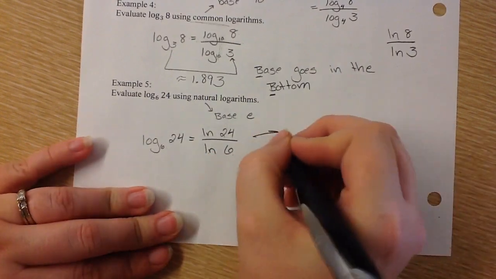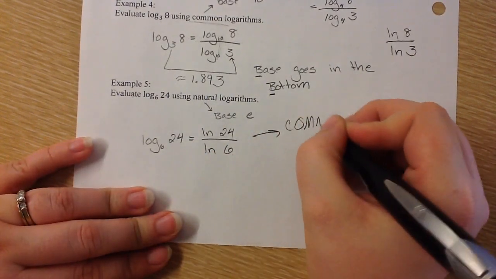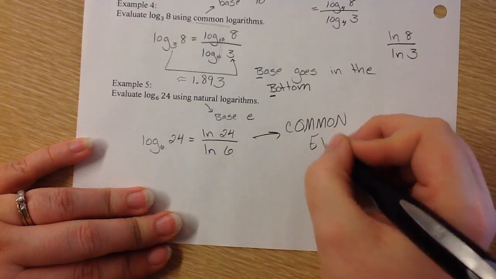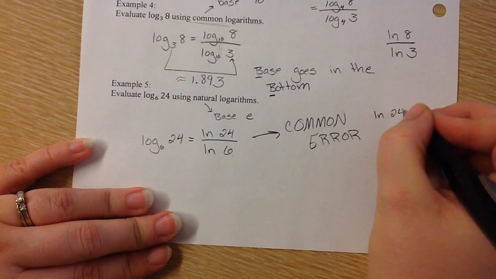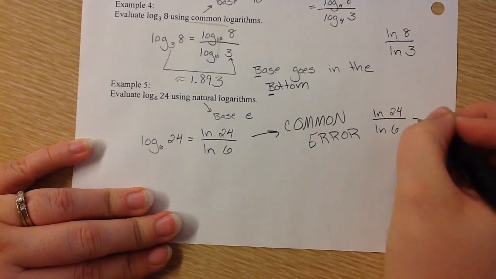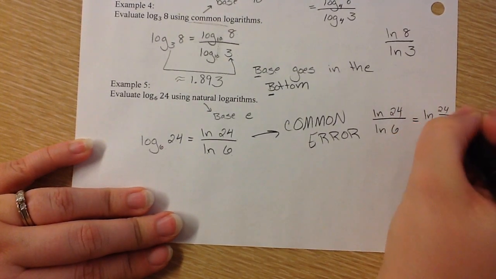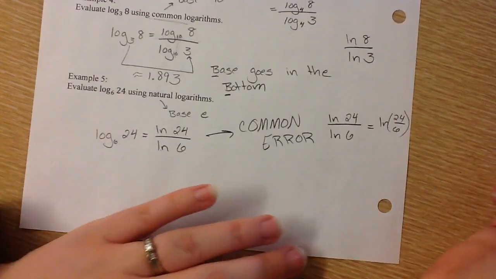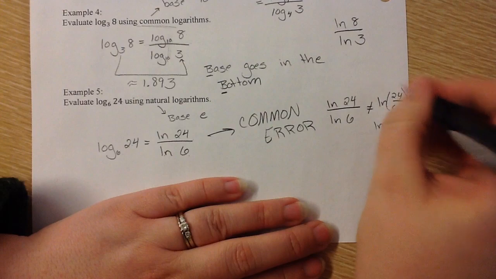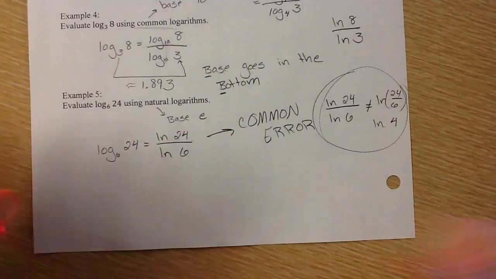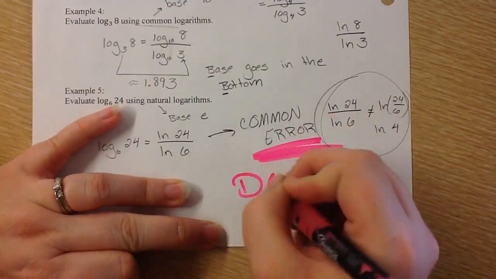A very common error. We're going to do a common error over here. Is taking something like this and writing it as the natural log of 24 divided by 6, which is the natural log of 4. That does not work. Common error. Caution. Don't do this.